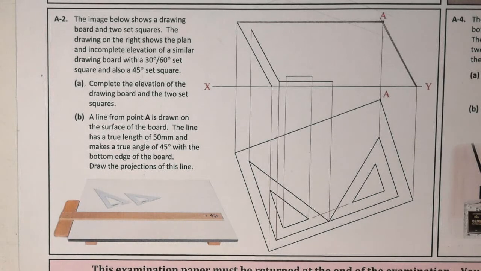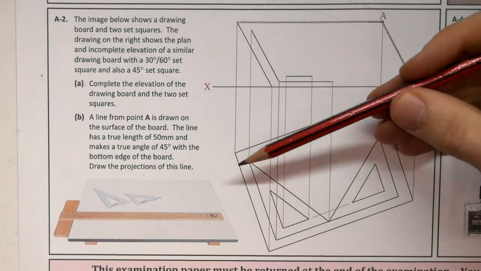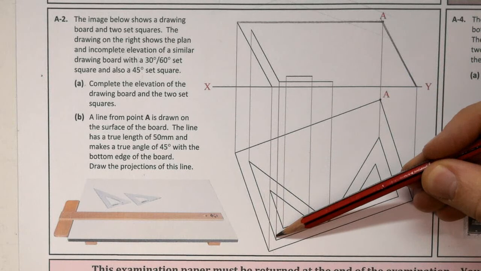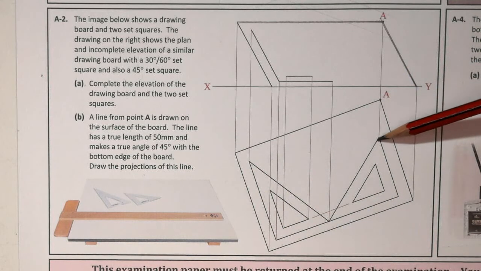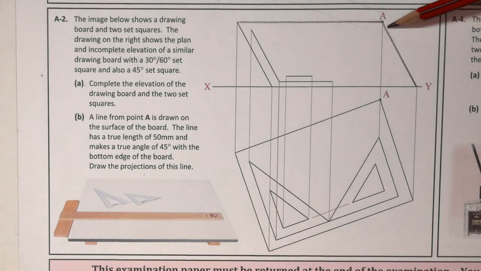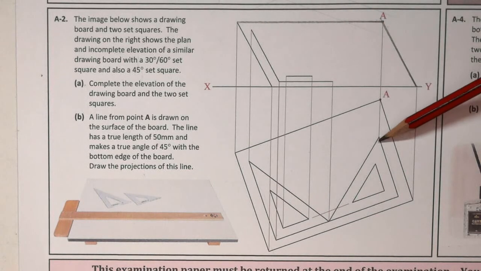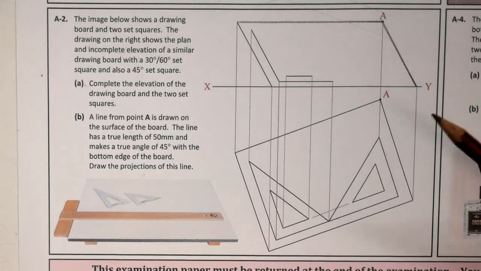So we can see here we have a number of parallel lines. The edge of the board is parallel with this edge of the set square, similarly here and here. So parallel, parallel, parallel, and I'll be able to use parallel lines to find this line here. So we'll start with that.